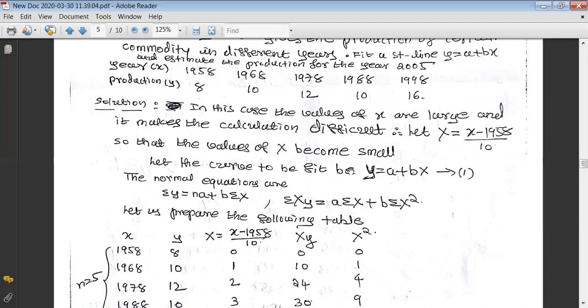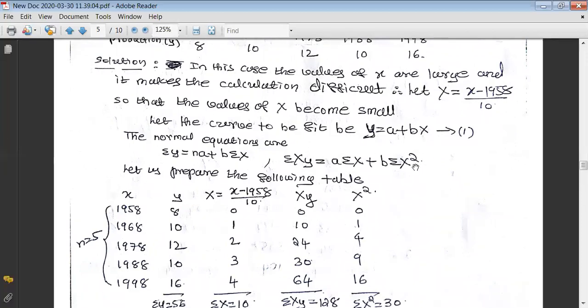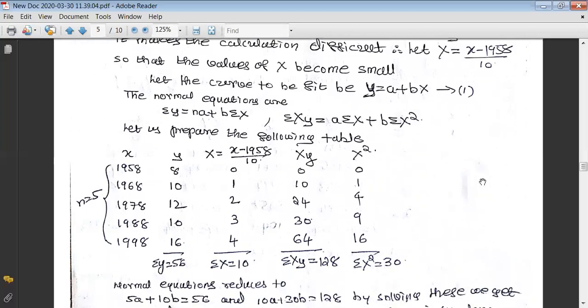The first normal equation is take the direct summation, that leads as summation y equal to n into a plus b into summation of capital X. And once we observe here, we find that capital X is there in the equation of the curve to be fit, and by this X we have to multiply on both sides, that is summation capital X into small y equal to a into summation of capital X plus b into summation of capital X square.